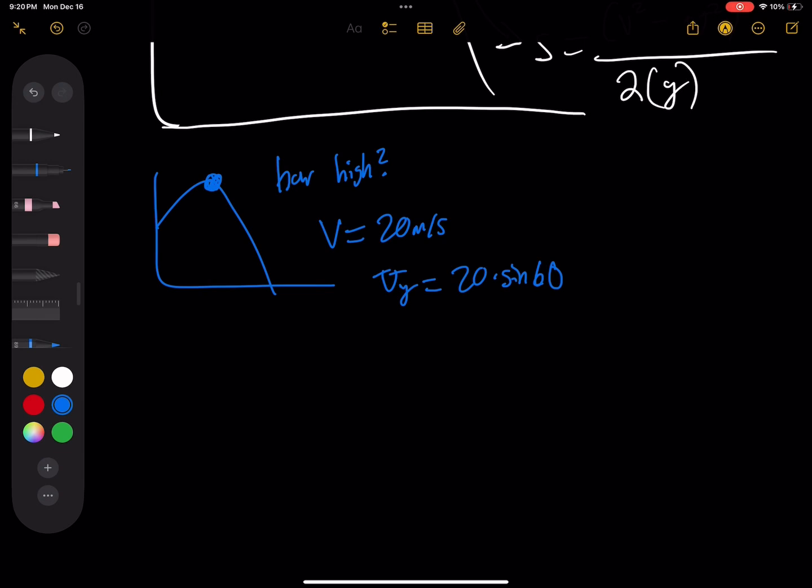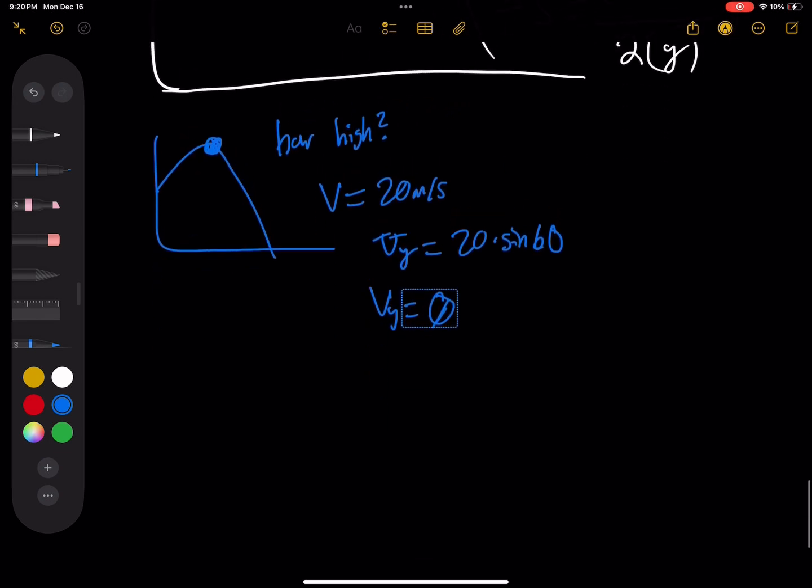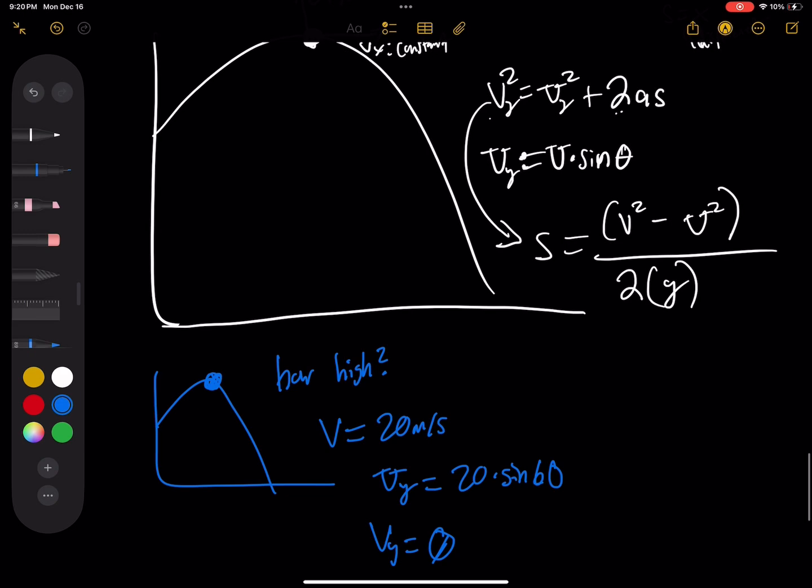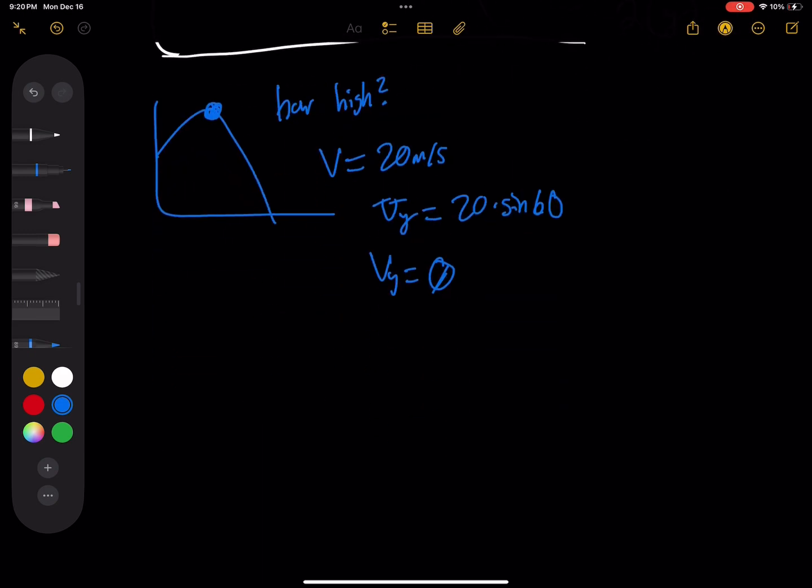And then the velocity y is going to be equal to 0 when we plug it in here. So s is going to be equal to, that's going to be a 0, by the way. So we end up with s is equal to 0 squared minus 20 sine 60 squared.